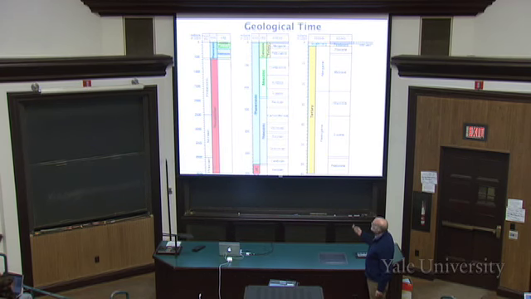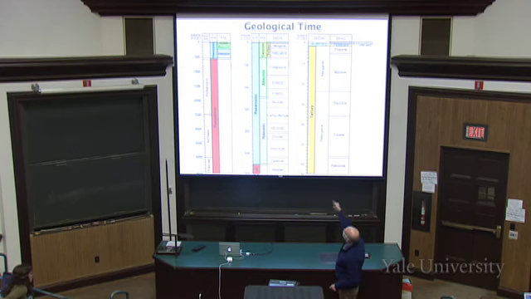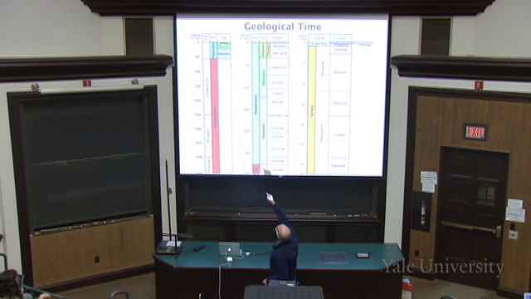So here is another way of looking at the geological time. Last time I showed you the 24-hour clock. This time I'm showing you a series of blow-ups, a 3-panel blow-up. So here is the origin of the planet. Here is today, up here. And the Precambrian is in red.